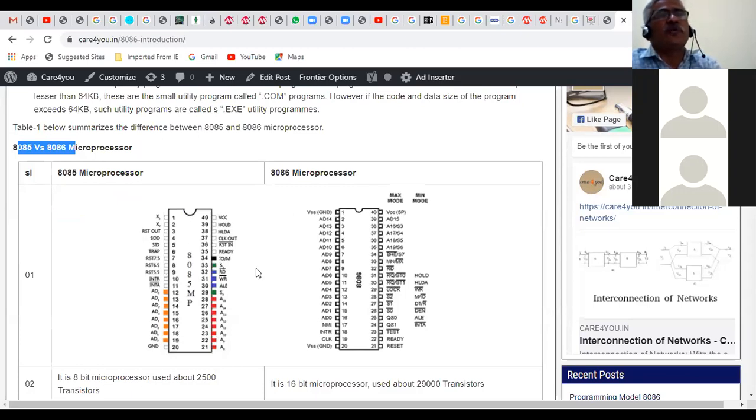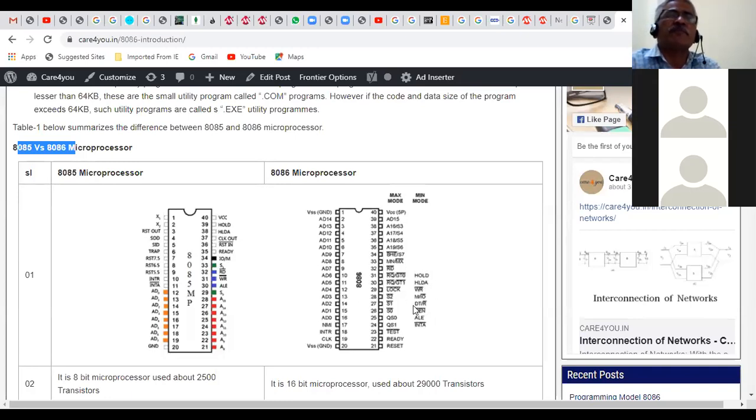But if you just look at it without reading, most of the pins in 8085 are single function pins. Most of the pins have a single function. But here, many of the pins have dual function. So these pins can be used for this function, which is called here the max mode function, or they can be used for this function.